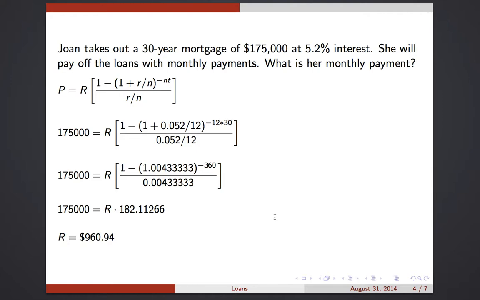When you're doing your homework, the computer has wiggle room, so you can round a little bit, but the computer is only so forgiving. Keep 7 or 8 decimal places as you go, and your answer won't be too far off. You can still get it correct in the homework. So we've learned that if she takes out a loan of 175 grand with the other parameters as they are, her payment is $961 or so.